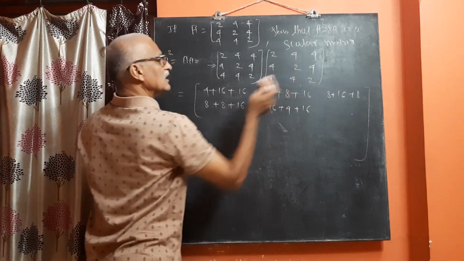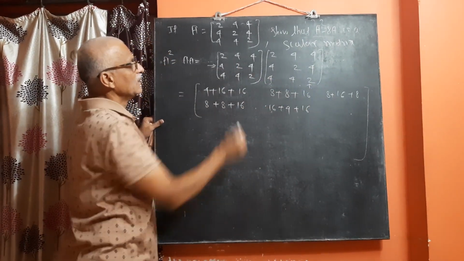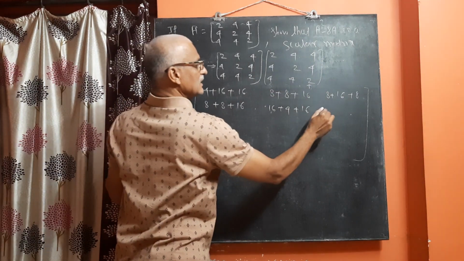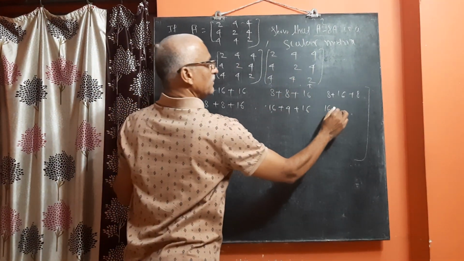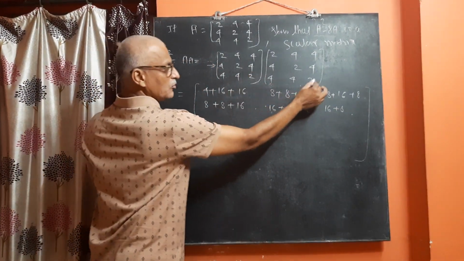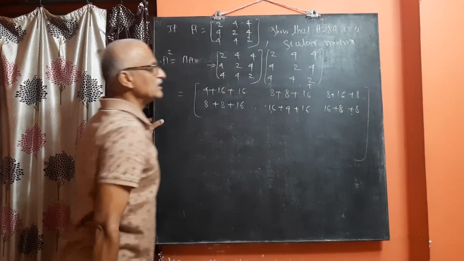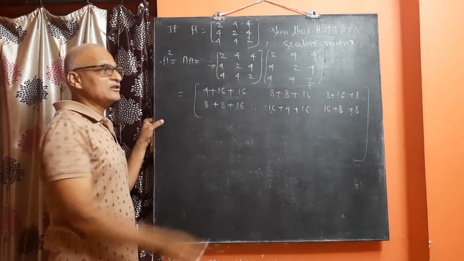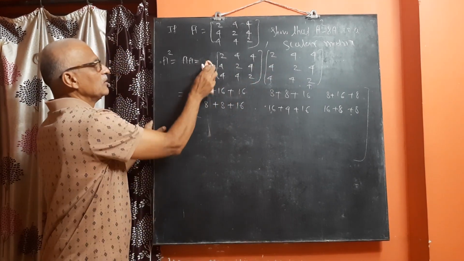Then second row, third column: 4 into 4 is 16, 2 into 4 plus 8, 4 into 2 plus 8. So that is the completion of multiplication of the second row with the first, second and third columns.